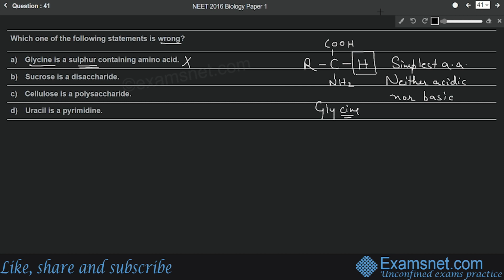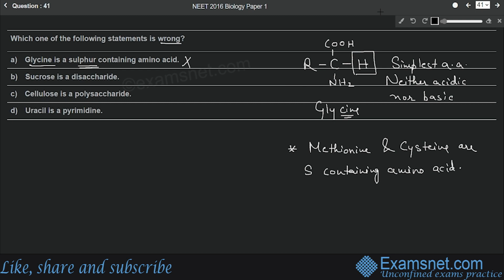And what are the examples of sulfur containing amino acids? Methionine and cysteine. Okay, let's write it down here. Methionine and cysteine are sulfur containing amino acids. Okay.